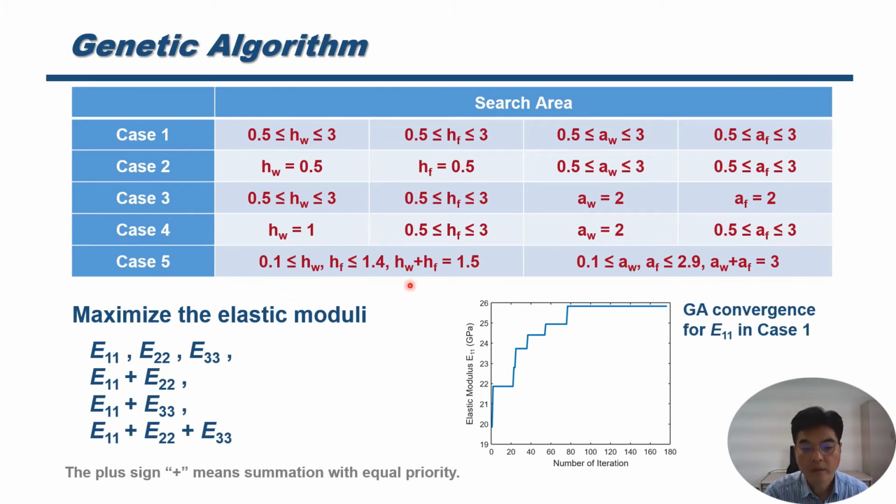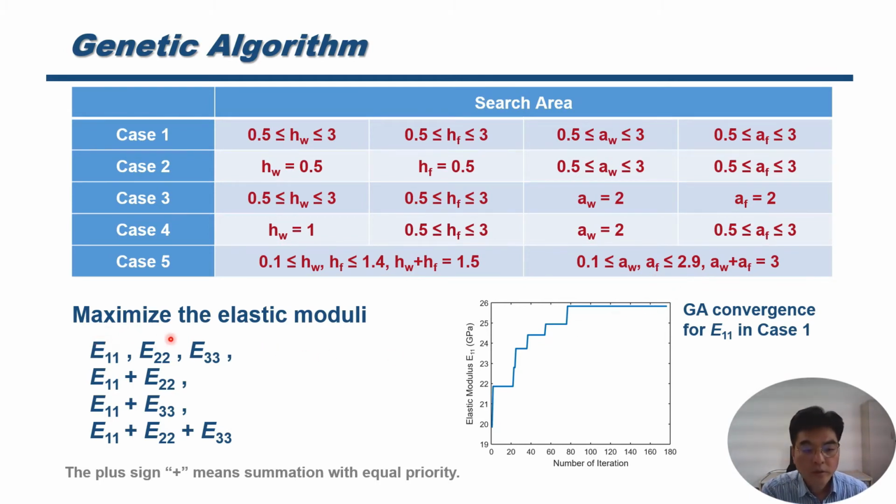For case 5, HW and HF are dependent on each other, and AW and AF are dependent on each other. So both thicknesses are between 0.1 and 1.4. For AW and AF, the width variables are between 0.1 and 2.9.